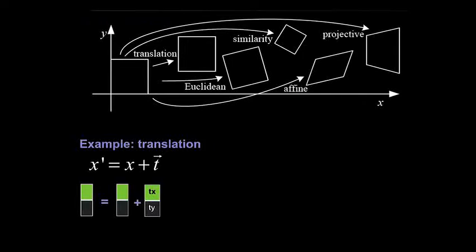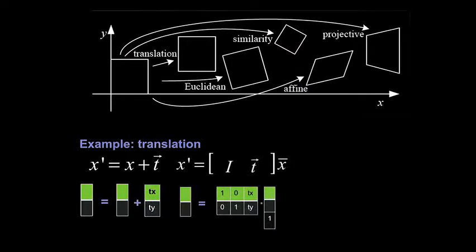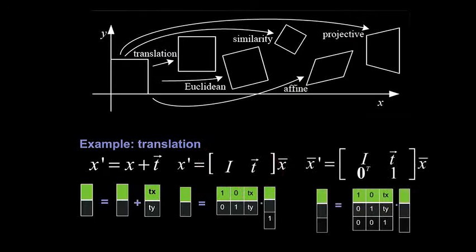So let's take the simplest example. The simplest example here is translation. We have an x, and by the way, in this cool little figure, the original x and y is the green box. We take our x and we just add some translation vector to it. And we saw that an easy way to describe this is using homogeneous coordinates, where we just do x, y, and 1. We add a 1 to the end, and then we can have a transformation matrix here, which is just made up of an identity plus the translation vector that we had from over here.